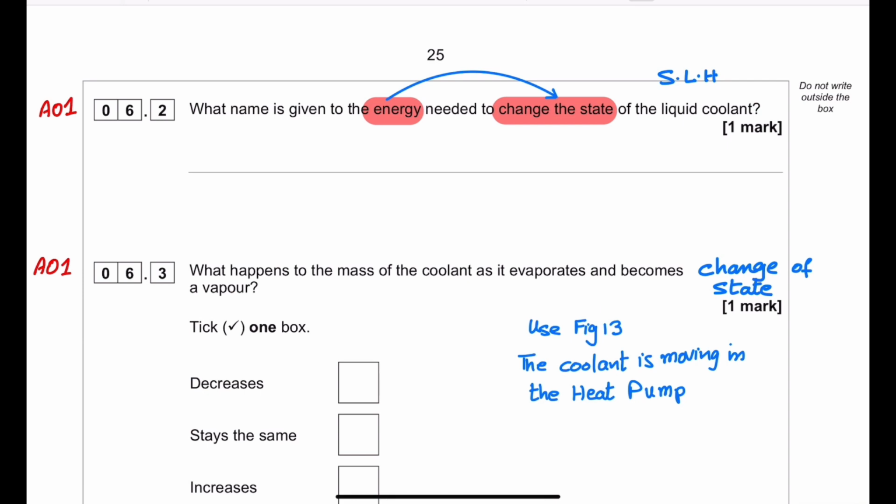So the name of the energy which is used to change the state is called latent heat of vaporization, or the student can write only the latent heat.